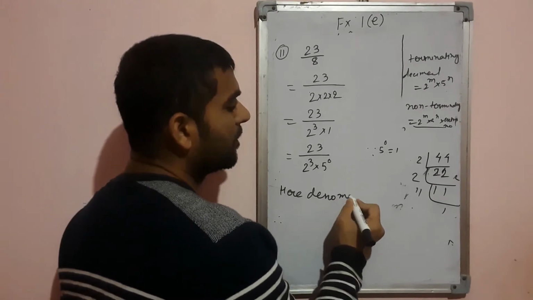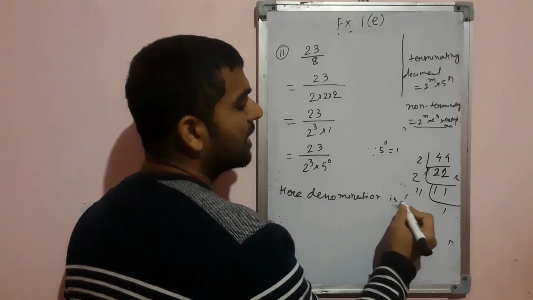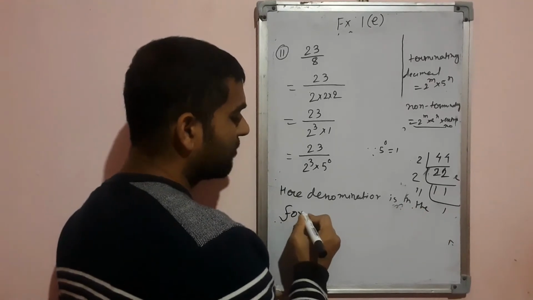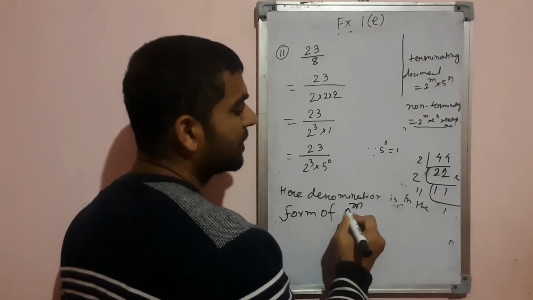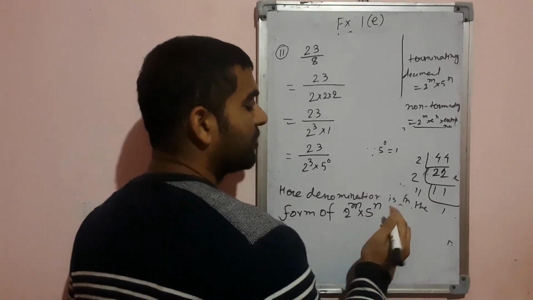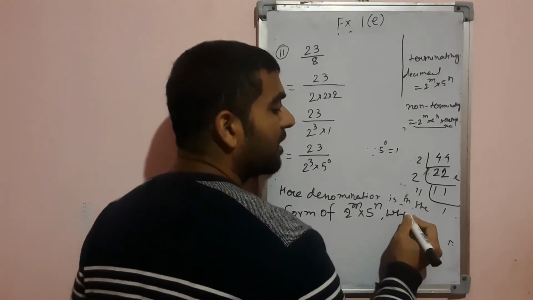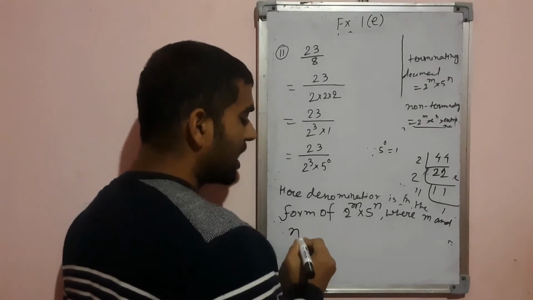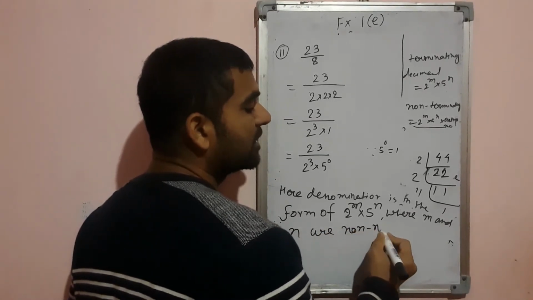Denominator is in the form of 2 power m into 5 power n, where m and n are non-negative integers.